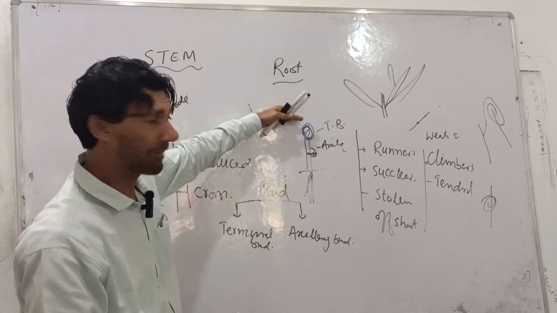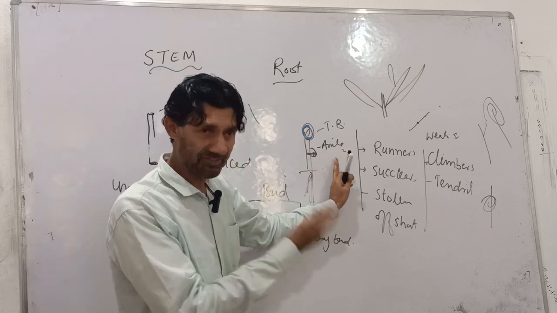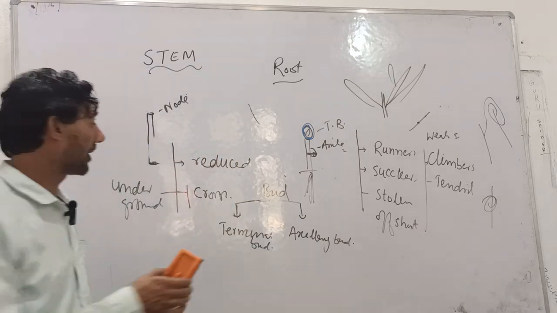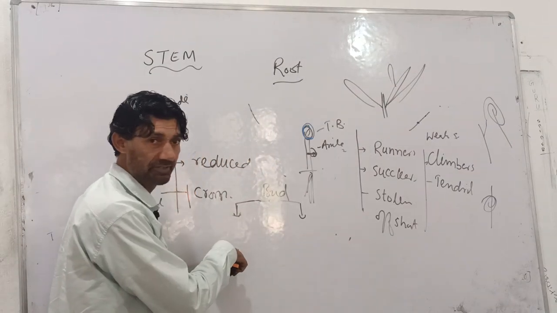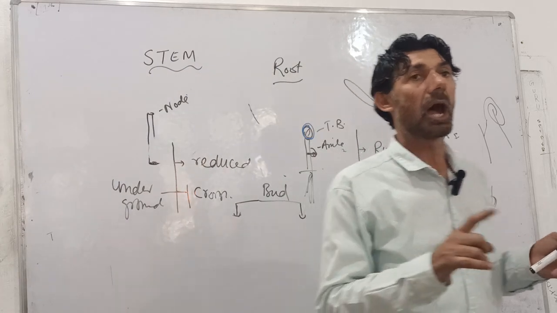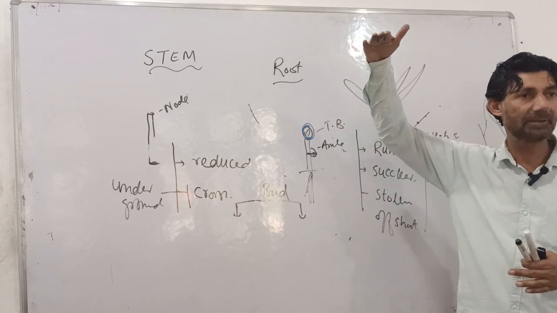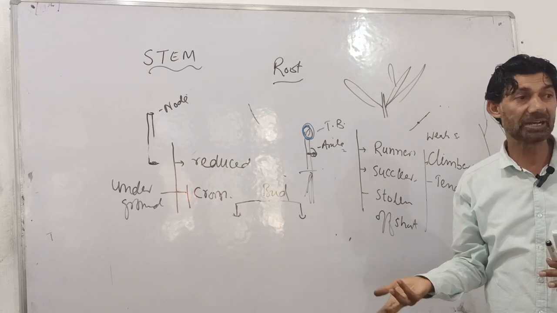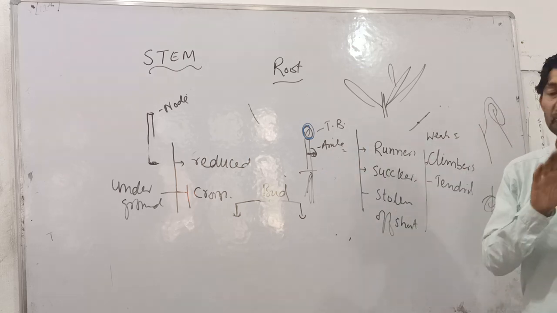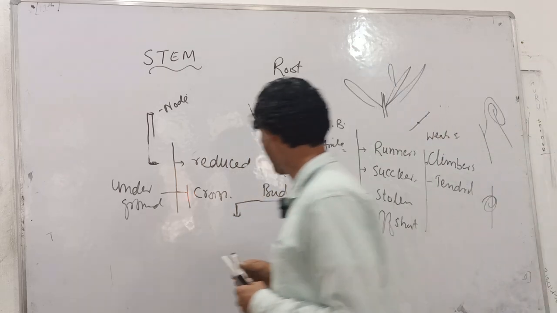The terminal is at the apex position, the other is the axillary or side position. So that is depending upon the position. The buds can be classified into two types depending upon the position.